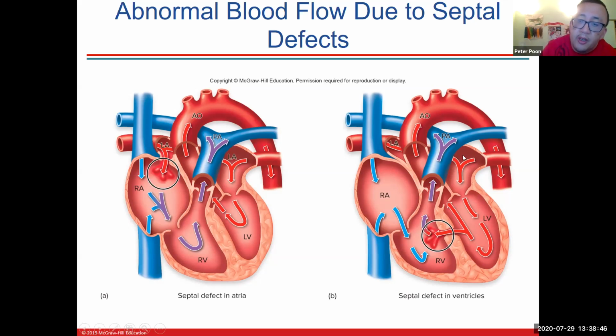So here's a ventricular defect. Remember the left side of the heart is bigger and stronger, so it will literally shunt some of the blood into the right side, and so instead of going all into the aorta.